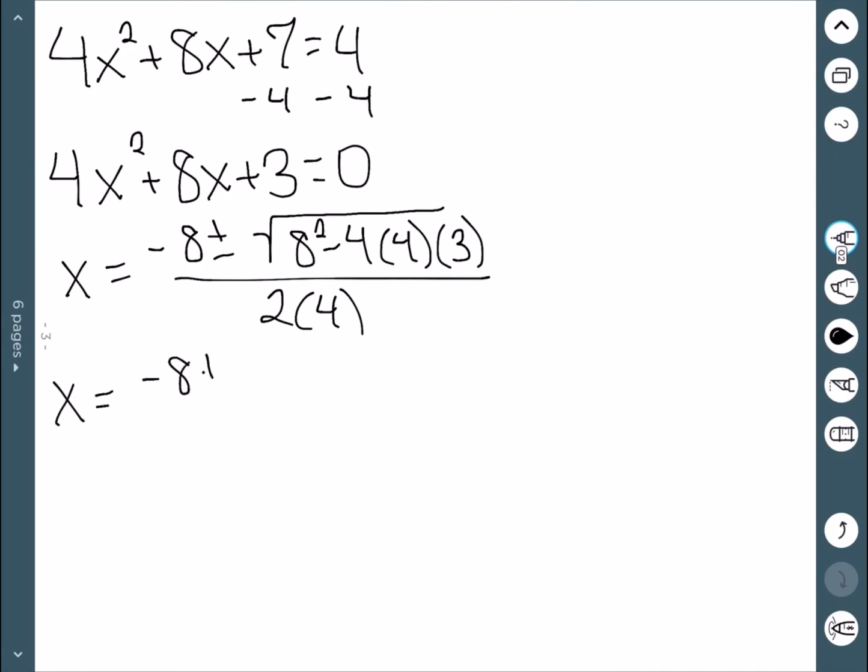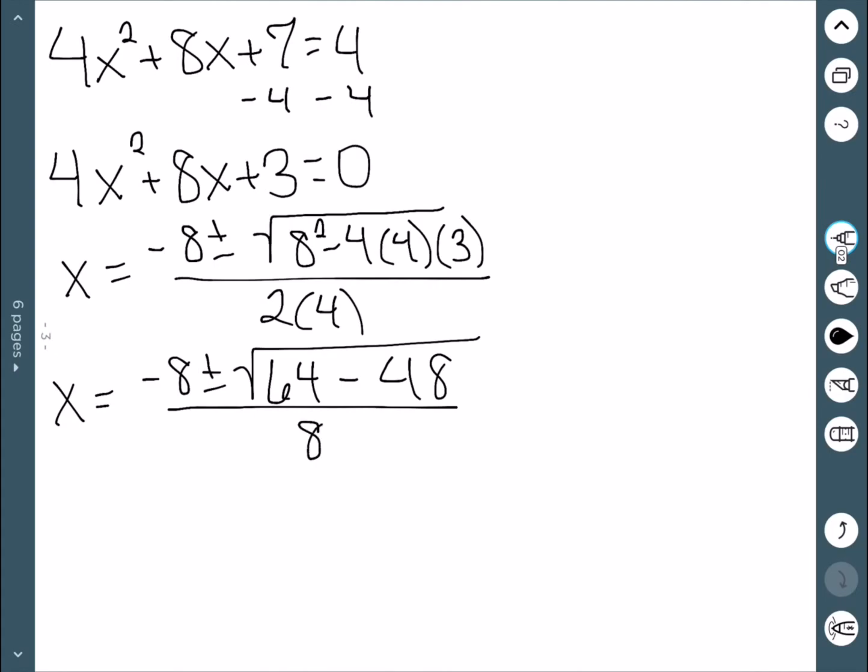And now we just need to simplify. 8 squared is 64, and negative 4 times 4 times 3 is negative 48. 2 times 4 is 8. I can now simplify the 64 minus 48 to get 16 over 8.